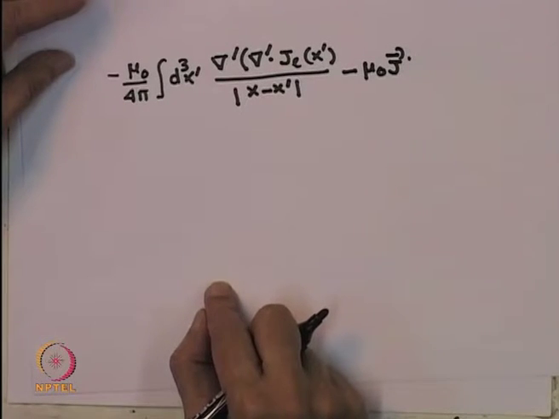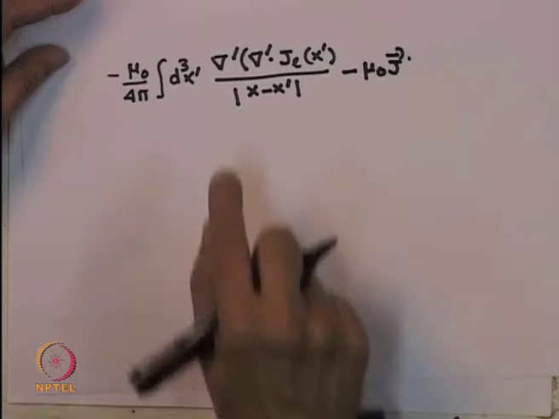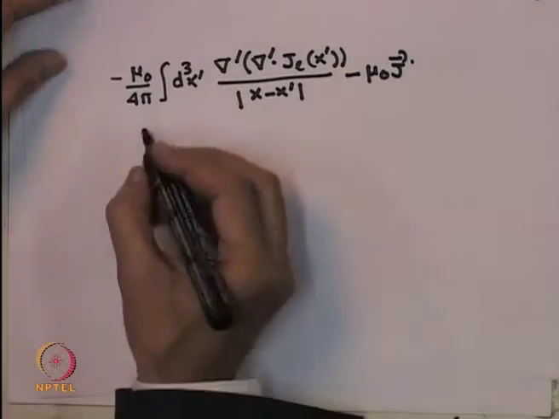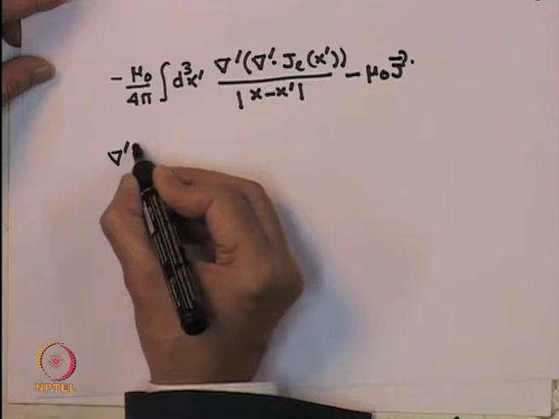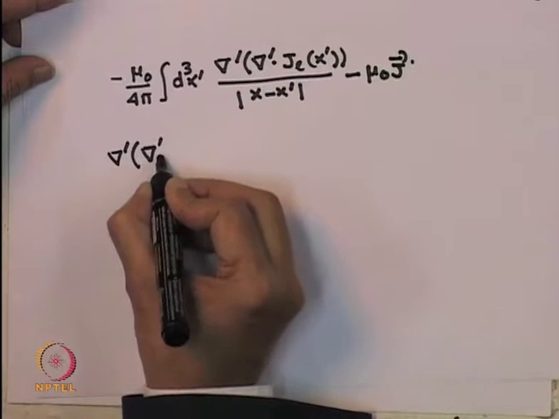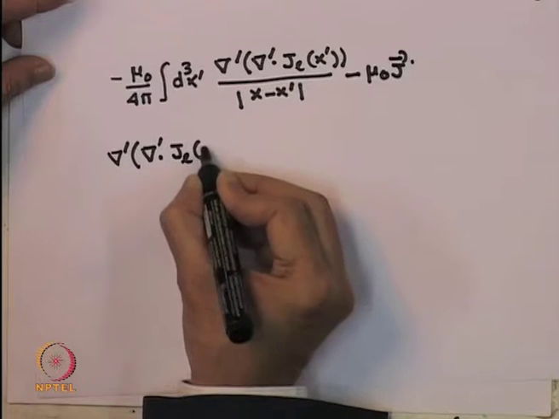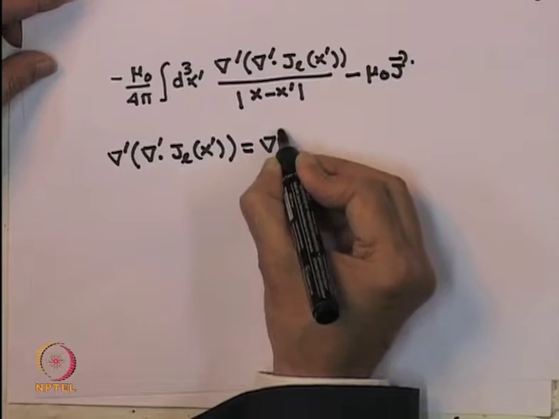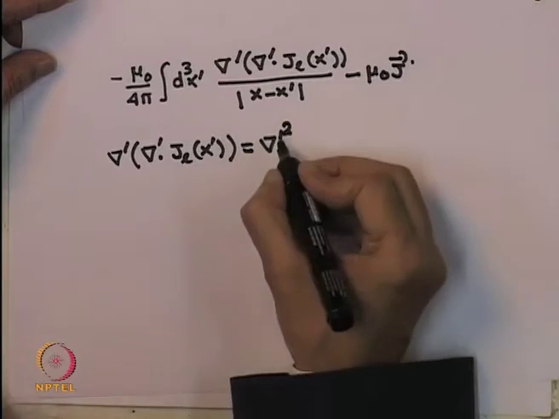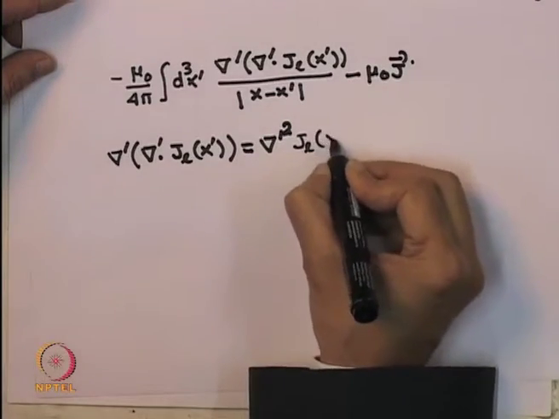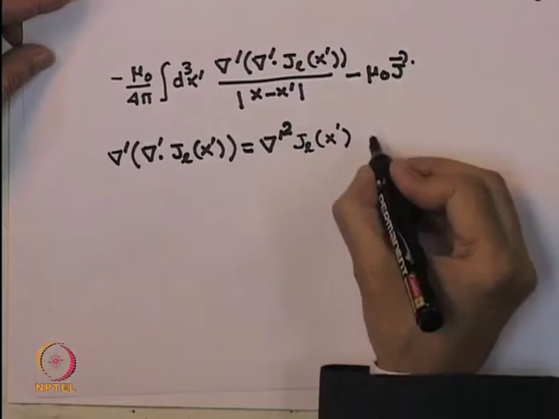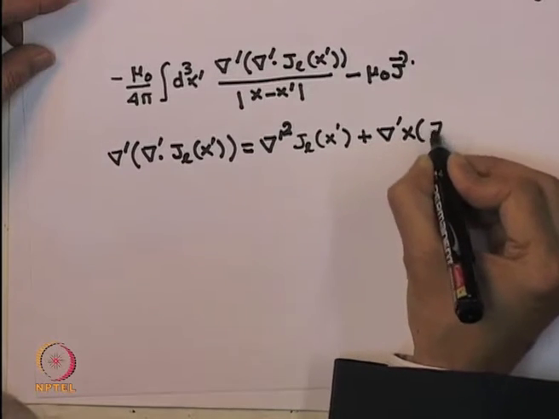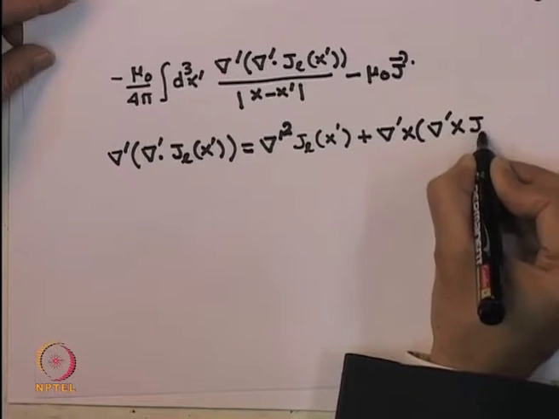Now, look at what we are doing. Now, I have got a gradient of a divergence here. So, I will write this as gradient of del prime dot j longitudinal x prime, that is equal to del prime square j longitudinal x prime plus del prime cross del prime cross j l.